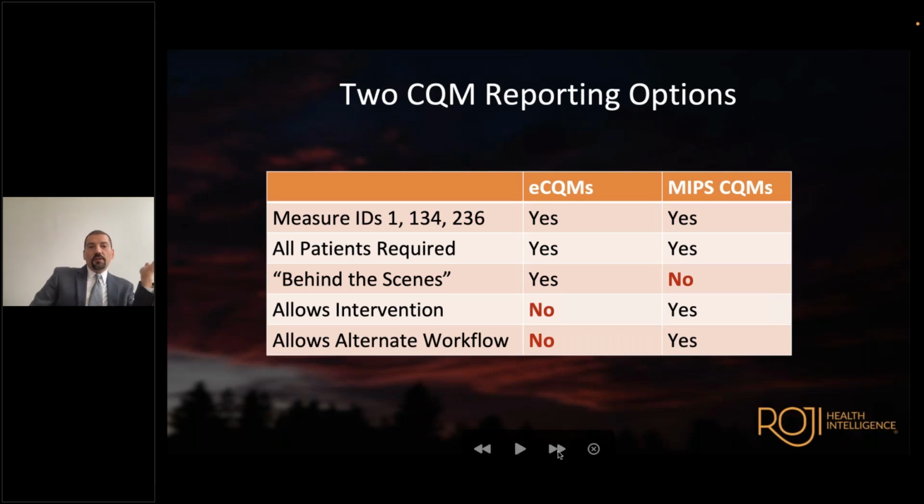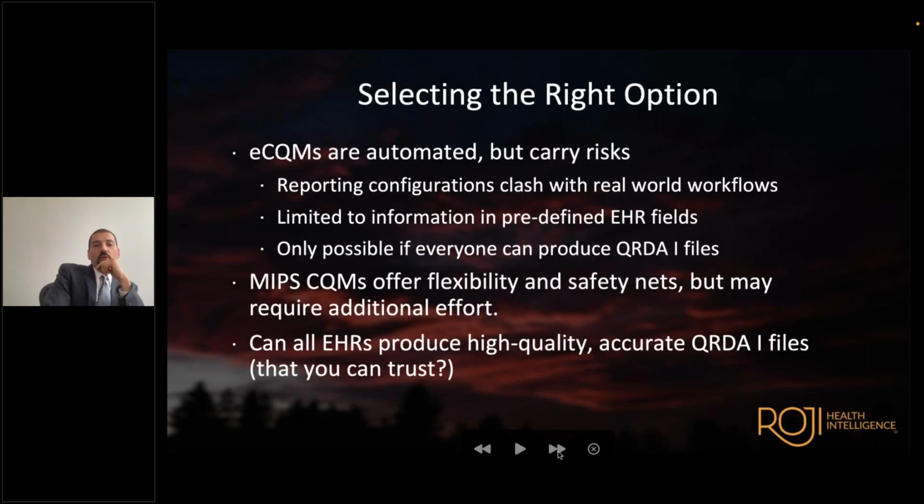If you're not putting the information at the point of care, in the spot in the EHR that is going to be used to calculate the ECQM result, you're not going to be able to do it. MIPS CQMs do allow alternate workflow though. So with MIPS CQMs there's a little more flexibility and safety nets, but they are going to require some additional effort.